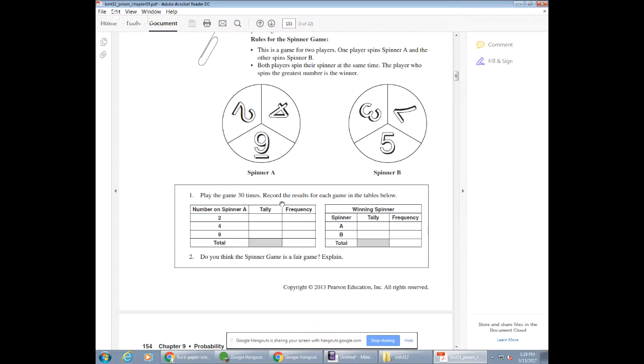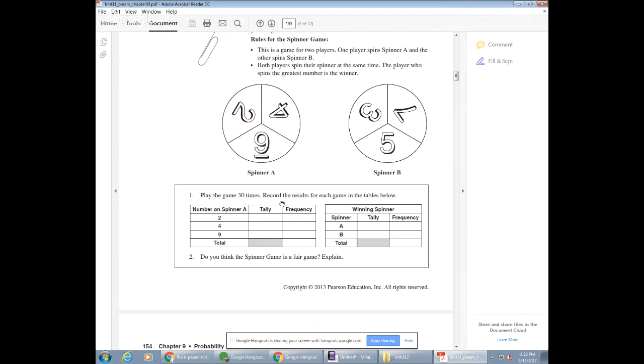The second part is comparing spinner A and spinner B. If spinner A gets a 2 and spinner B gets a 5, spinner B wins. If spinner A got a 9 and spinner B got a 7, spinner A wins. We want to keep track of the theoretical probability of getting a 2, a 4, or a 9 for A, and a 3, a 5, or a 7 for B. Then we compare, if we played one-on-one, who wins more often.